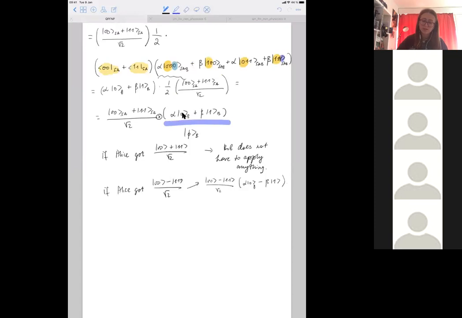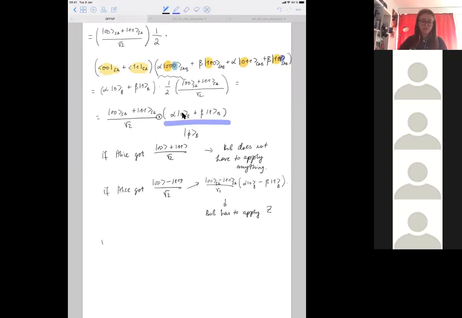This is SA, and it means that Bob has to apply something that would turn minus beta to beta. So we need to apply something that would turn our alpha |0⟩ minus beta |1⟩ to alpha |0⟩ plus beta |1⟩. Which operation is this? This is actually a Z operation. This is a Z gate.